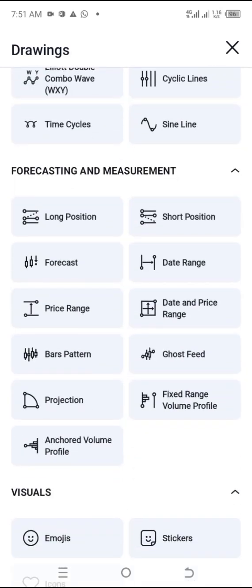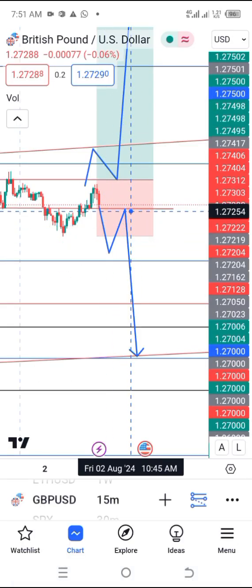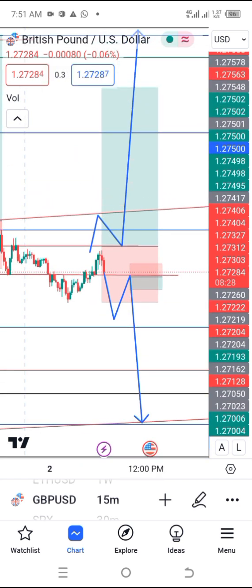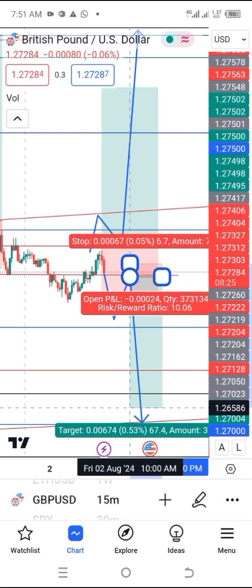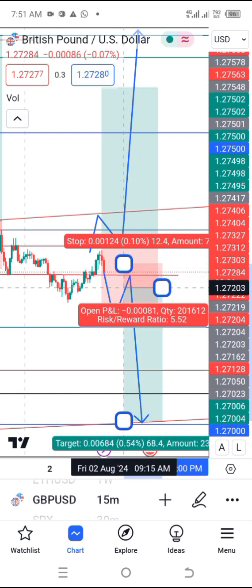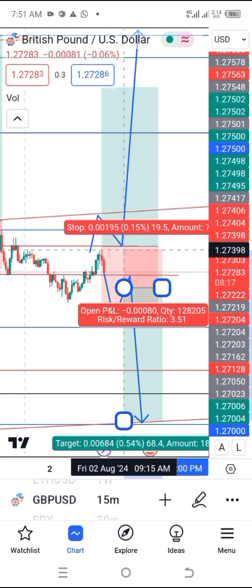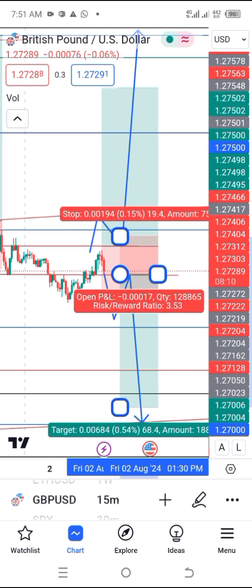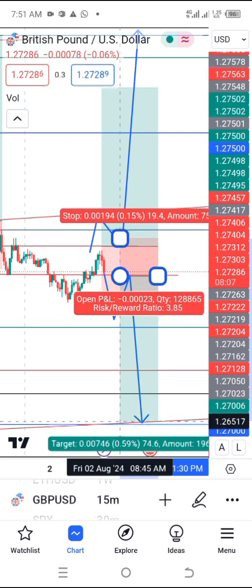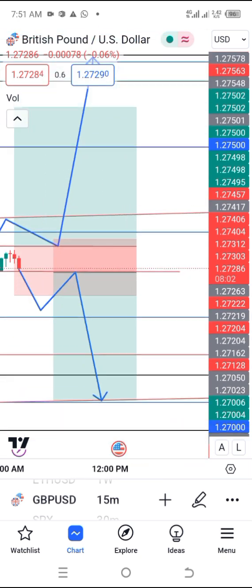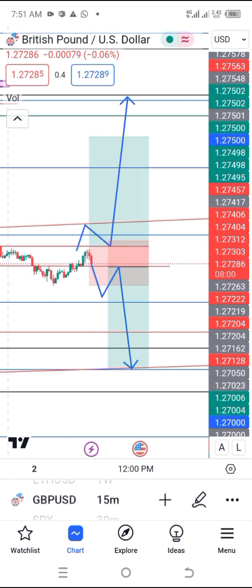So we have to wait to see what price will do in both cases. So guys, this is what we could see in both cases.